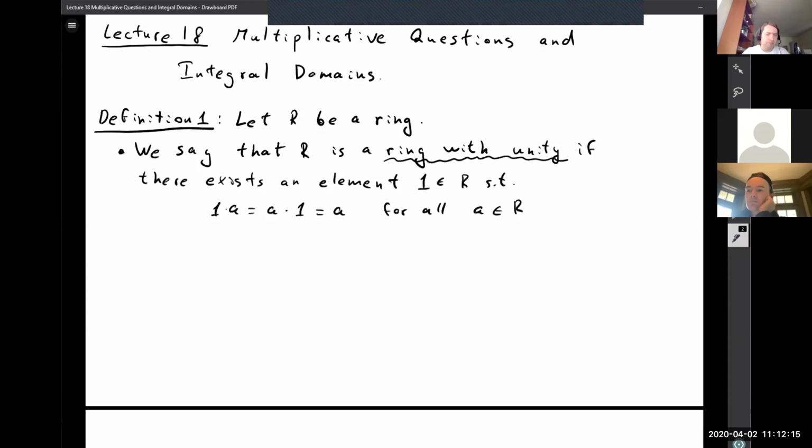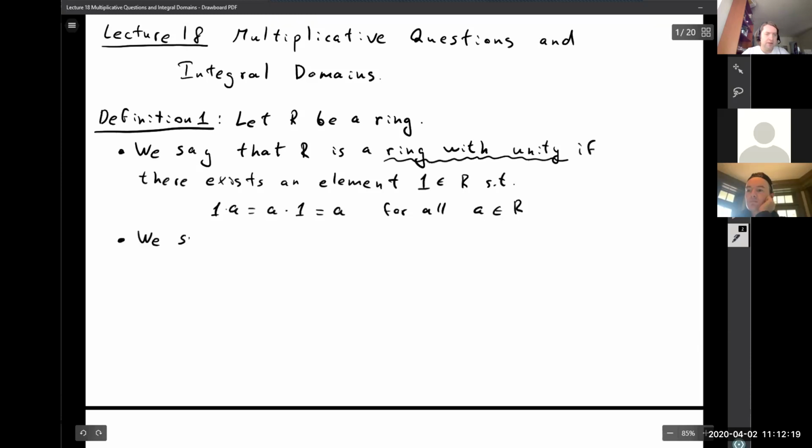Okay. And we also say that R is a commutative ring if the multiplication operation is commutative.